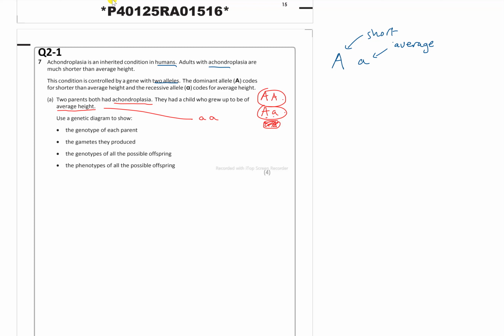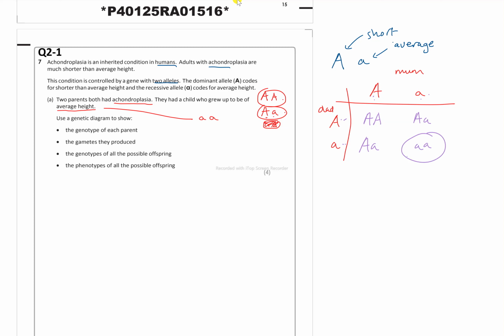So what that tells me is this: you've got a from mum, and from dad you've got a also. Why? Because AA gives achondroplasia, Aa will give achondroplasia, and aa will give an average height.